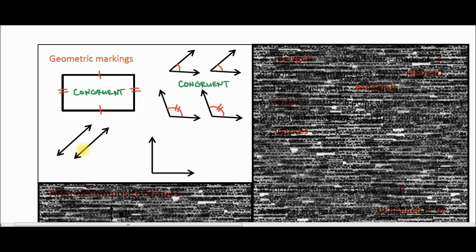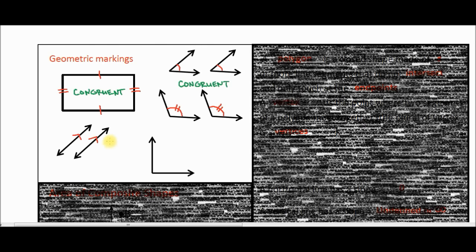Okay, here are 2 lines, and we had a way of marking when lines were parallel. The most common way to tell if two lines are parallel on a paper is to put a little arrow marking on them. If you saw these two lines right here, and they both had a single arrow on top of the line, that tells you these two lines are parallel. Of course, we could also do double arrow, double arrow.